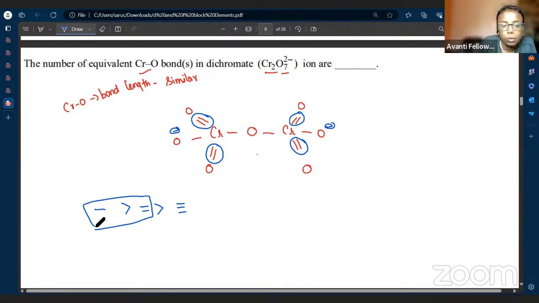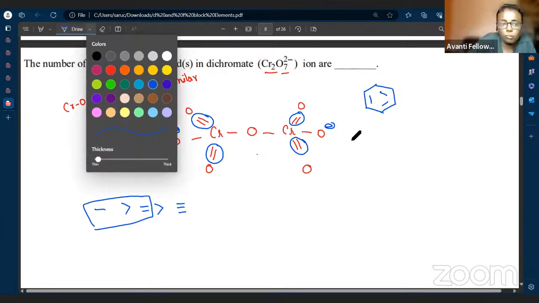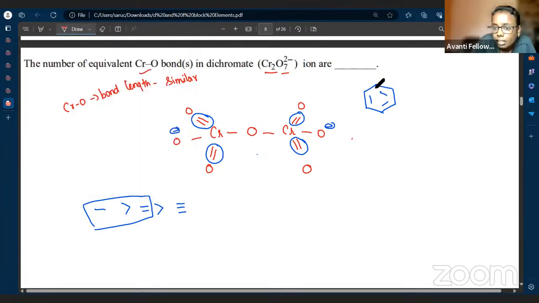Now I'll take the example of benzene. It also has single bonds and double bonds. Does benzene have 2 different bond lengths between carbon and carbon? No. Why?